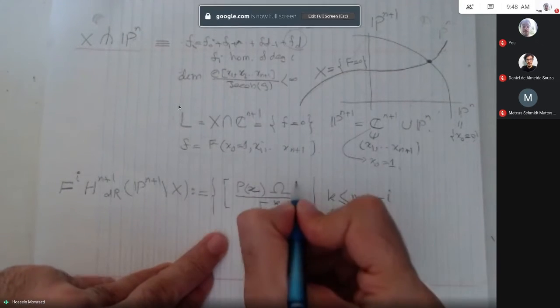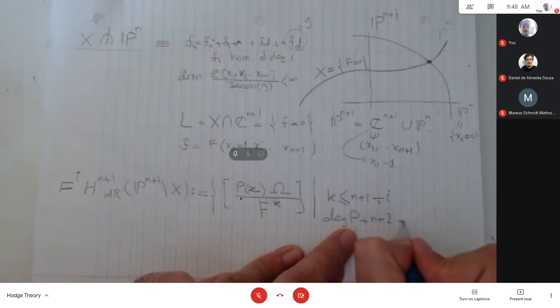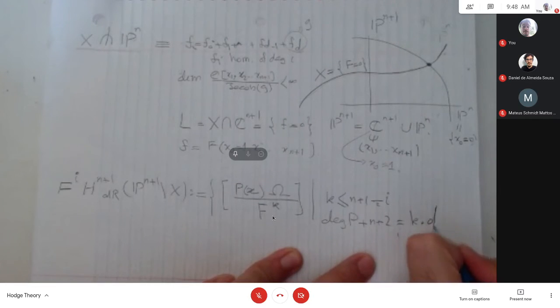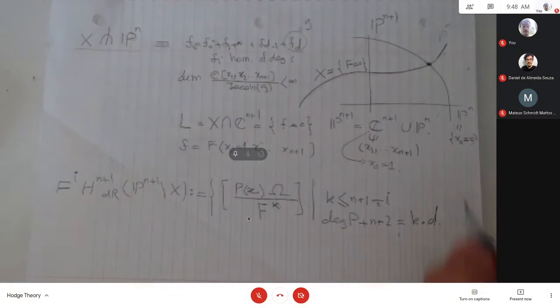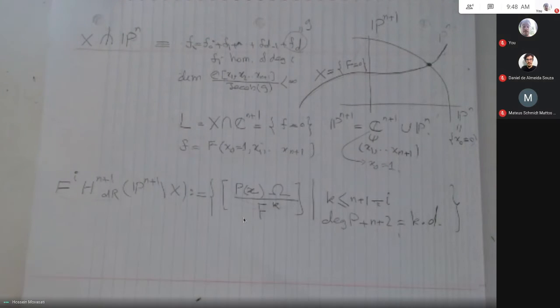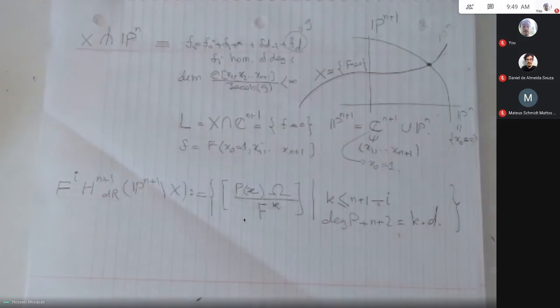So it is represented by these elements, and then degree of P must be n plus 2, must be k, degree kd. Anyway, F^i is generated by these guys, the pole order less than n plus 1 minus i.